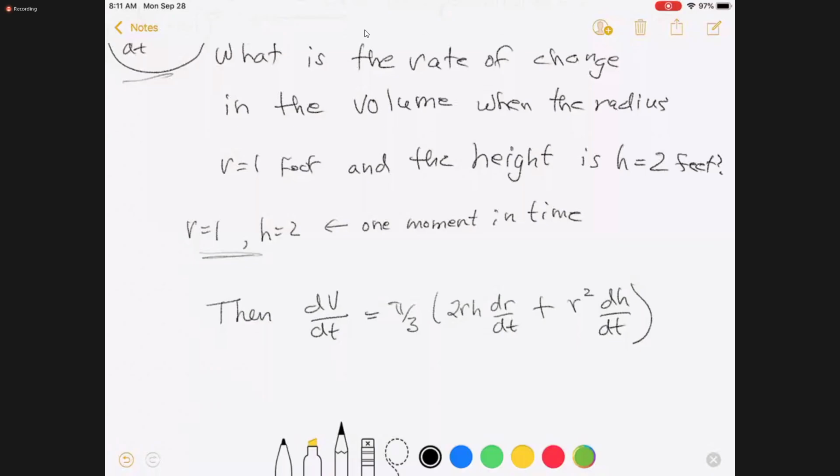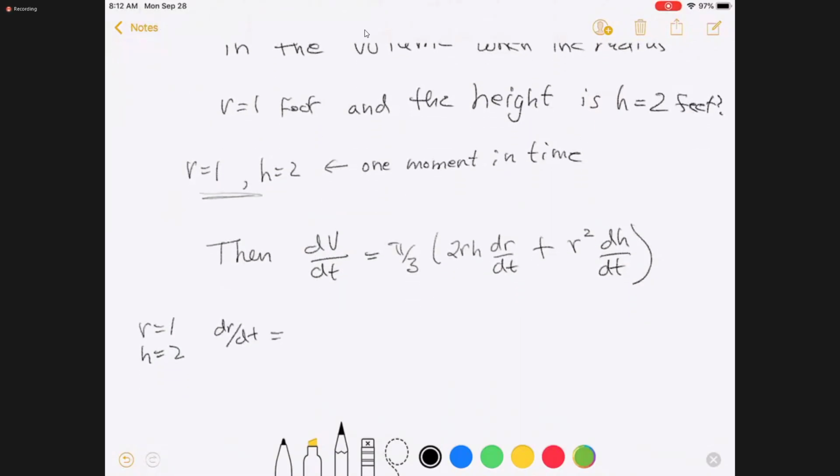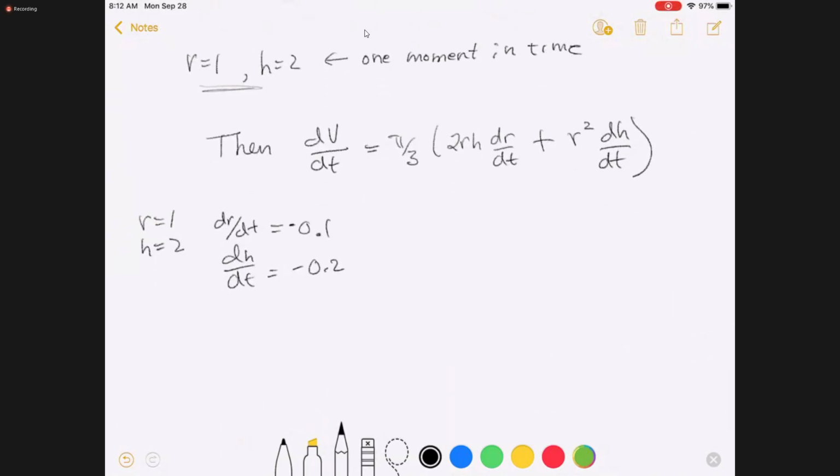But we're going to put in 1 for R, 2 for H, dr/dt was minus 0.1, and dh/dt minus 0.2. Okay, so that says that dV/dt is pi over 3 times 2rh times dr/dt plus r squared times dh/dt.